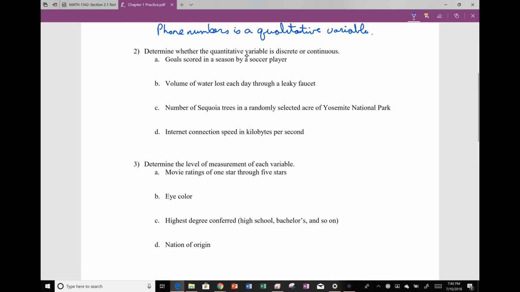Now let's determine, for the quantitative variables, which means it is a number on which we can do some type of mathematical operation, whether it is discrete or continuous. Remember, discrete are things that we can count.